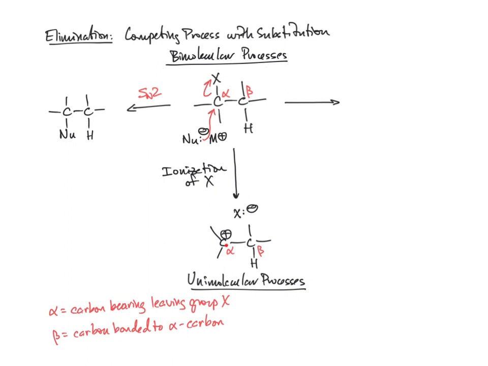So what I'm going to show now is sort of the SN1, the unimolecular process, and then over here to the right, I'm going to show the competing processes with substitution. So as this arrow shows, if this group ionizes, we get a carbocation. And so then what can happen is SN1. So again, if you form a stabilized carbocation, you're ionizing.